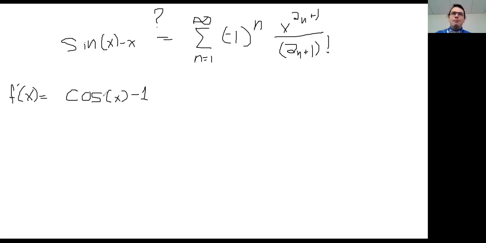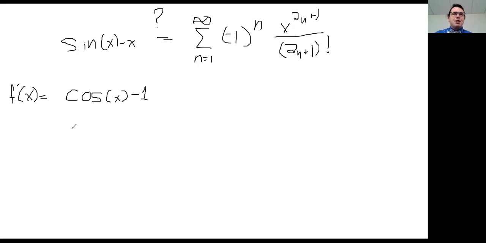Cosine of 0 is 1. I subtract 1, I'll get a numerator of 0. So for that reason, the Maclaurin series of this function does not have a linear term. Or you could say the linear term has a coefficient of 0.